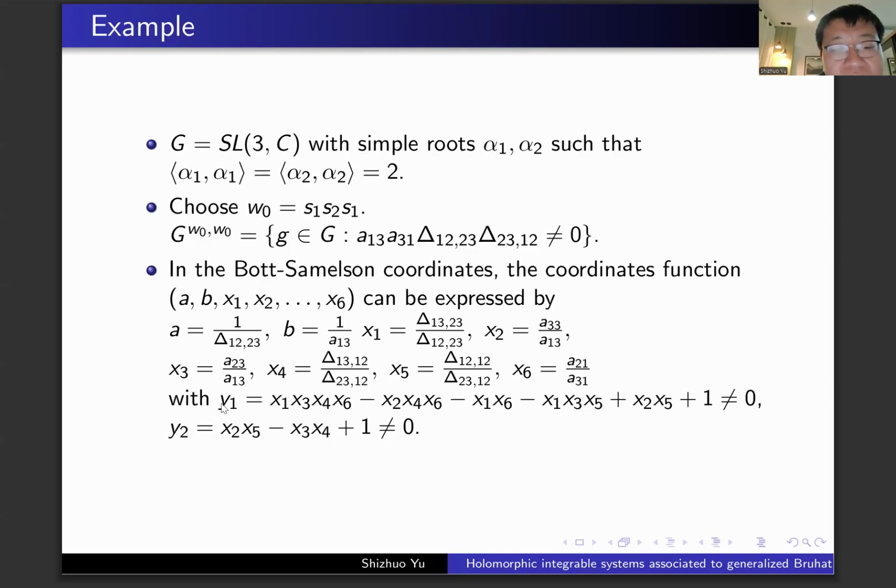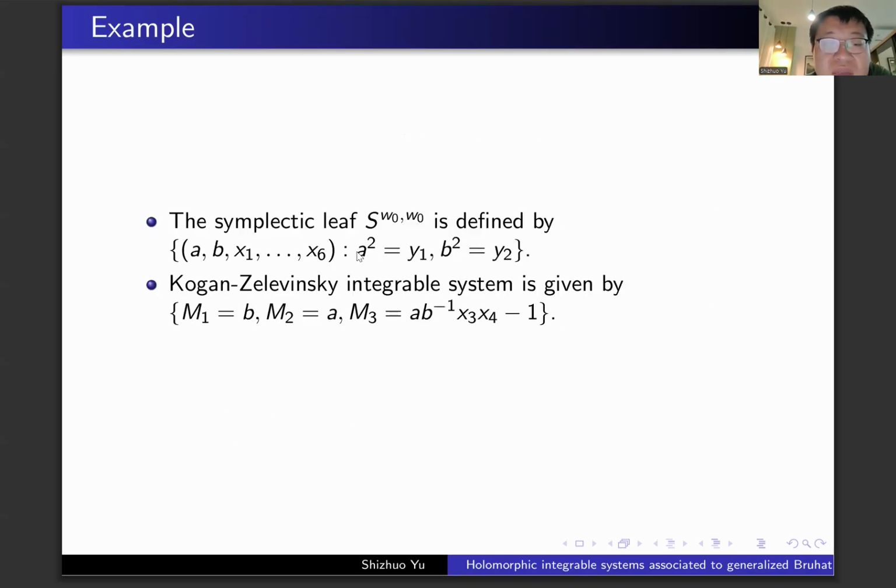Because it is Zariski open, we will always find some equations y1 and y2, and then we just apply the a square, the part from the torus. The a squared equals y1, b squared equals y2, and then we can easily figure out the symplectic leaves in the bottom coordinates.